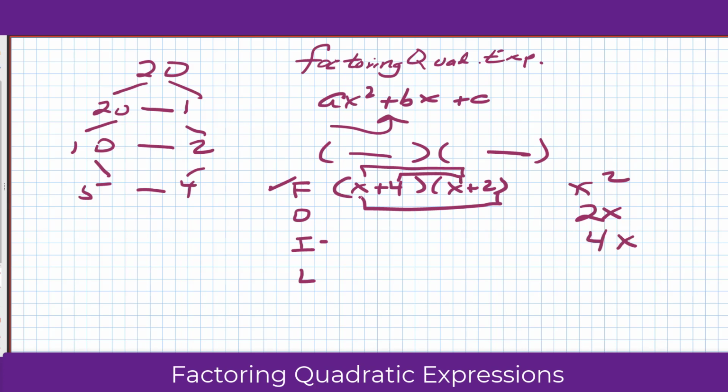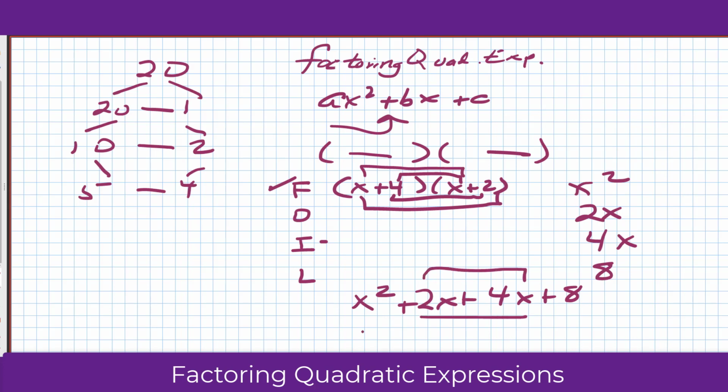And then the last numbers, which are 4 and 2. So we got, in essence, x squared plus 2x plus 4x plus 8. Then we can combine these two because those are the only two like terms. So we get x squared plus 6x plus 8, the product of these two binomials, x plus 4 times x plus 2.